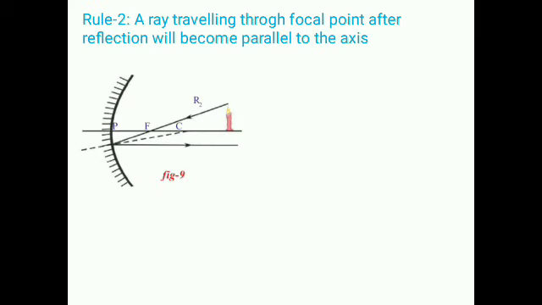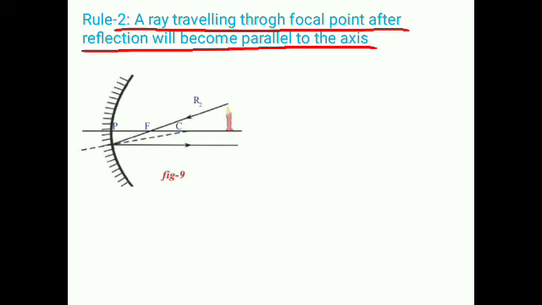Rule 2. A ray traveling through focal point after reflection will become parallel to the axis. This is concave mirror. This is candle.